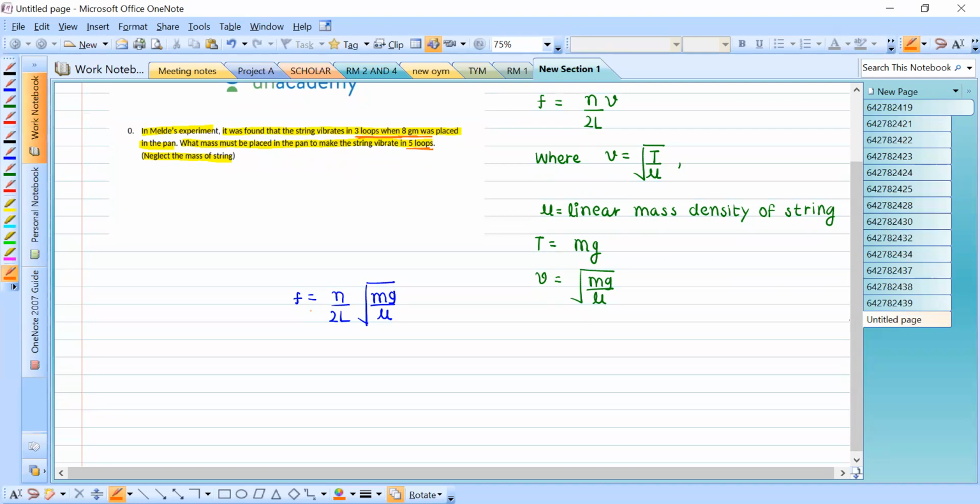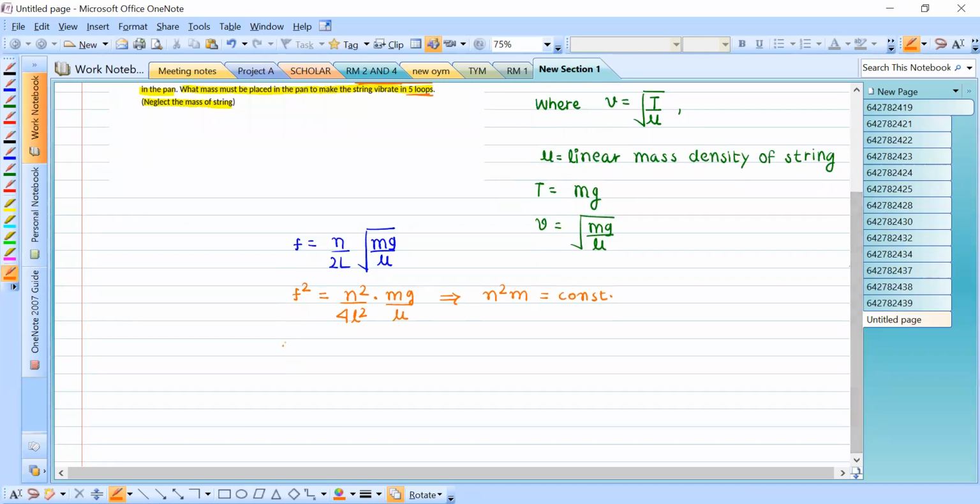At that time we have to calculate the mass. So if I take the square, f square will be n square by 4l square times mg over mu, and from this formula we can say that n square into m equals a constant. Only this relation we require.